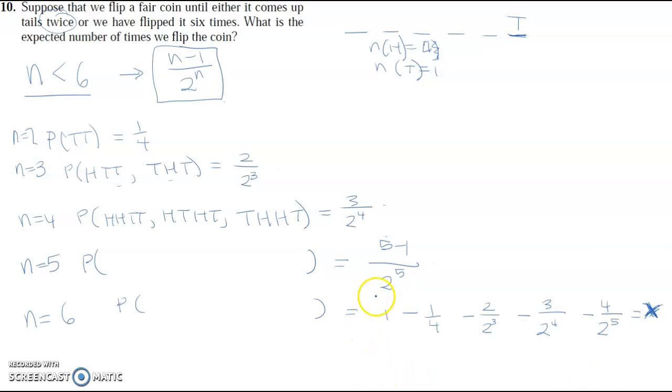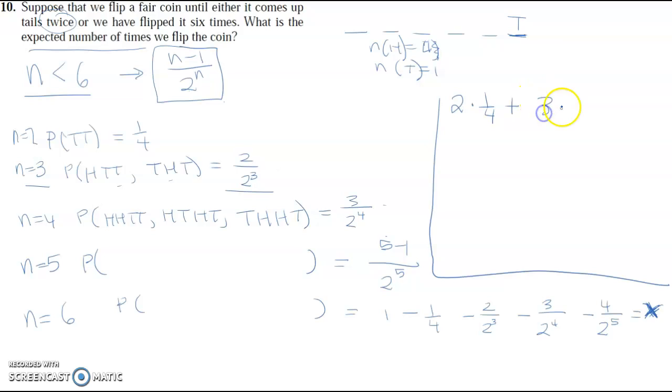All right, since the final answer asks for the expected number of times, we multiply n times the probability. So it would be 2 times 1 over 4, plus 3 times that probability, which is 3 times 2 over 2 to the power of 3, and you keep doing this.